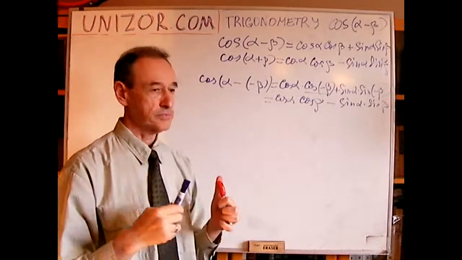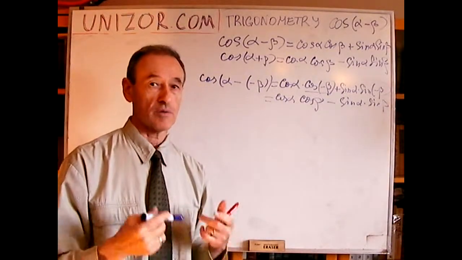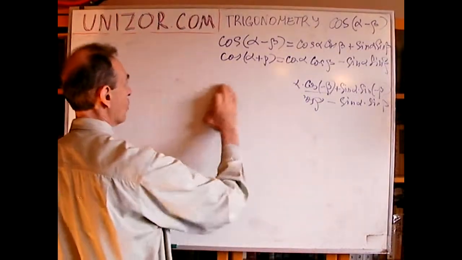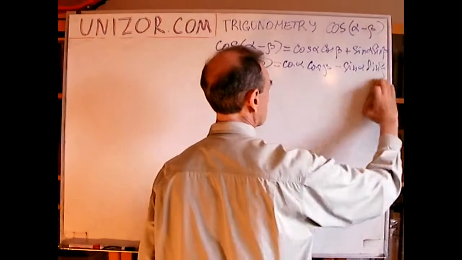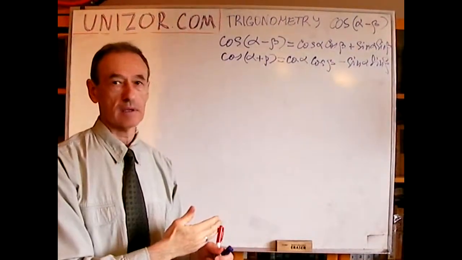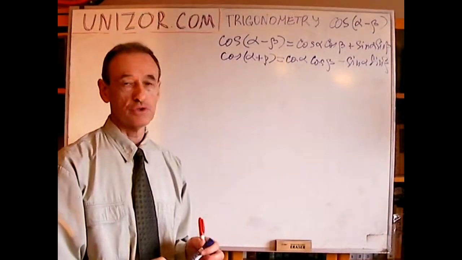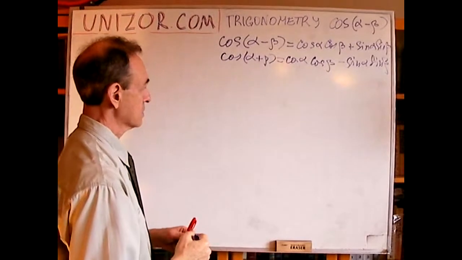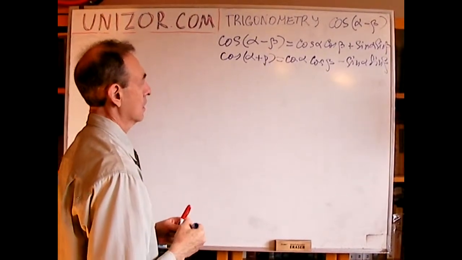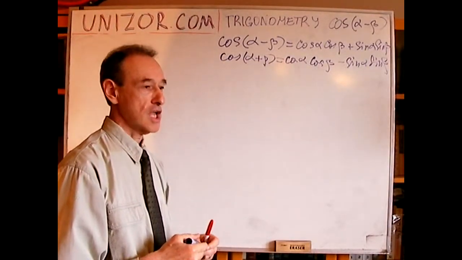Now, if beta is very, very big, so big that it's more than pi greater than alpha, that's the case when I was trying to use this red radius. Well, let's just do it this way.